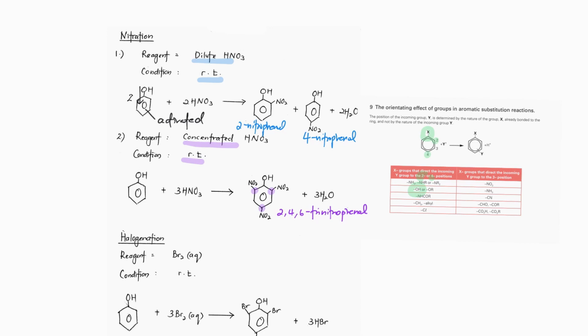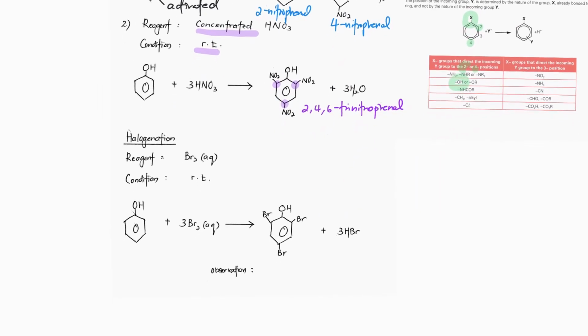The last reaction is halogenation. We make phenol react with aqueous Br2 with room temperature as the condition. Since OH is an electron donating group and the ring is activated, this reaction doesn't require AlCl3 as the catalyst.